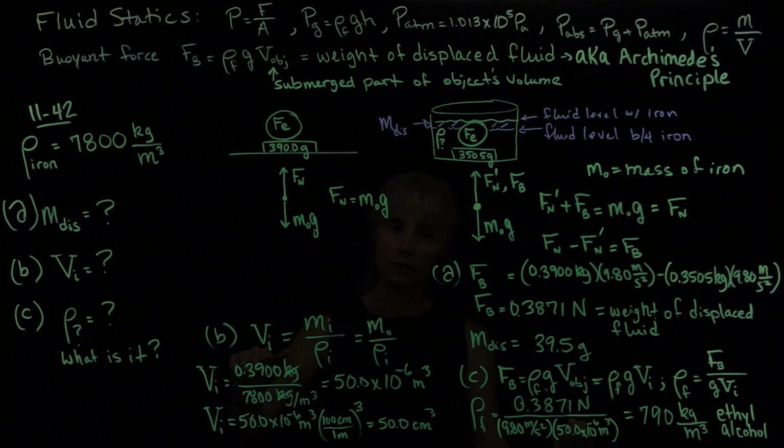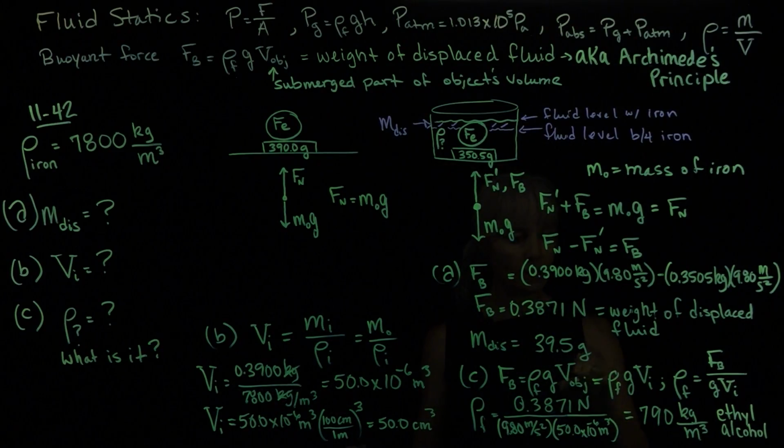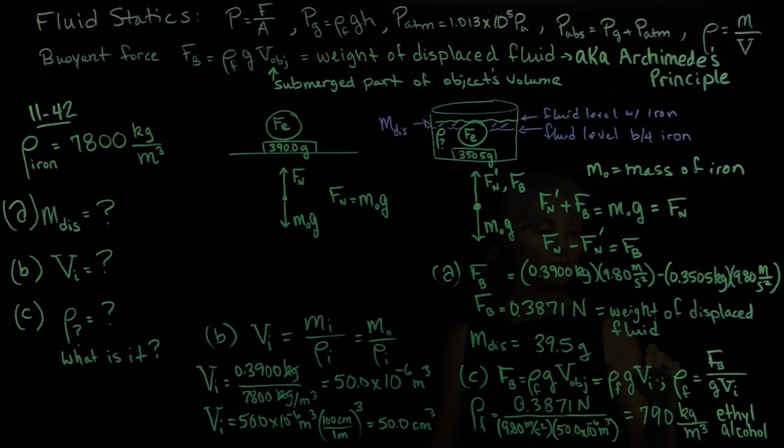I've already given it the subscript sub I, so I can replace the volume of the object as V sub I to be consistent with all the other work here. So this is the density of fluid, acceleration due to Earth's gravity, times the volume of the iron. Rearranging now for the density of the fluid, I get the buoyant force divided by the acceleration due to Earth's gravity times the volume of the iron.